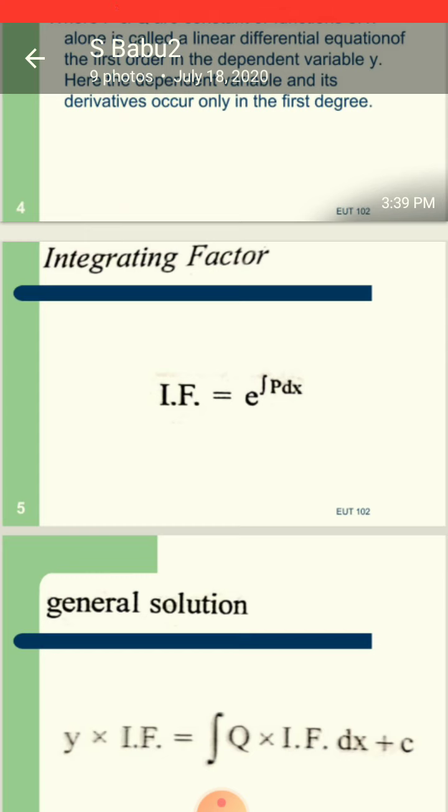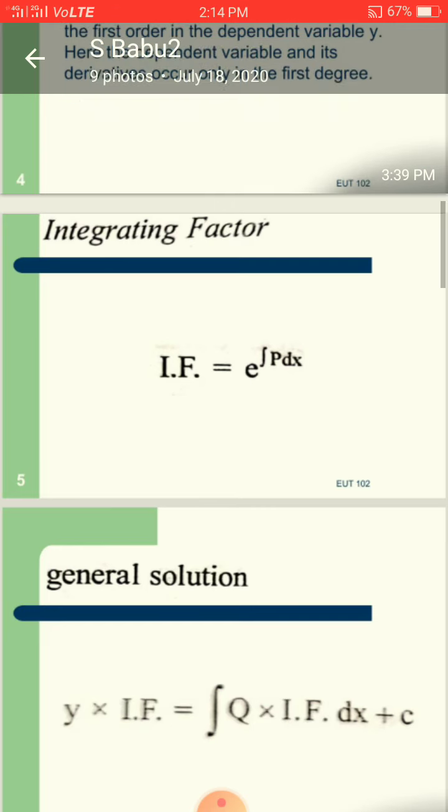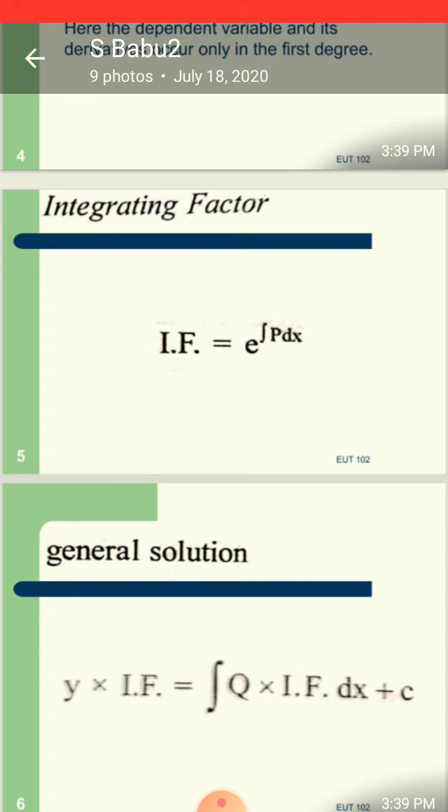The integrating factor is e power, e means exponential function, e power integration of capital P with respect to x.